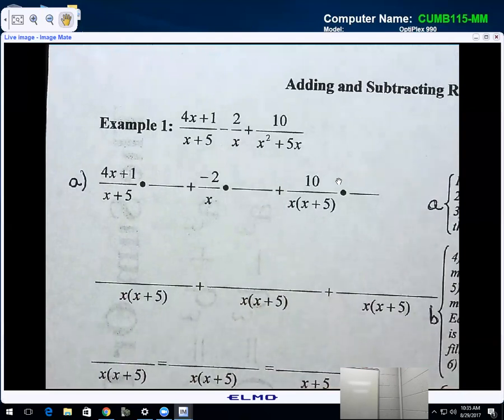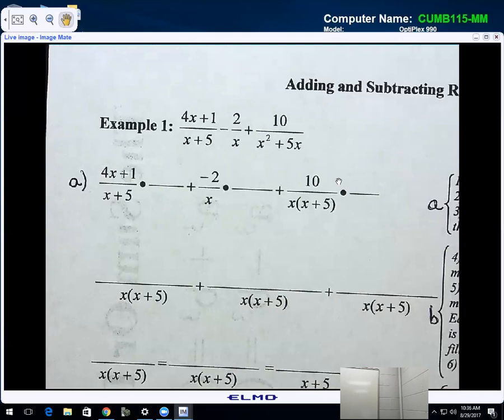Any questions about step A? Factor any denominator that will factor, leave a blank after each term. If any fraction is subtracted, put that negative in the numerator so that you remember to distribute it later. Step B, find the LCD. I have to have something that x plus 5, x, and x times x plus 5 will all go into.